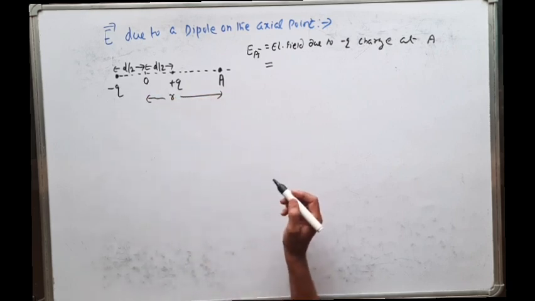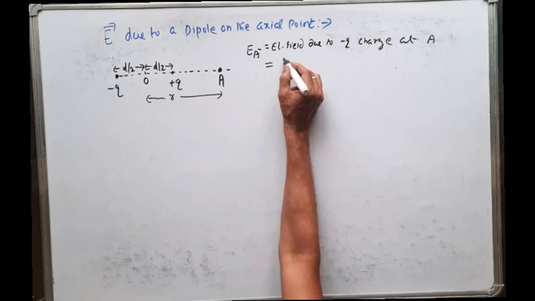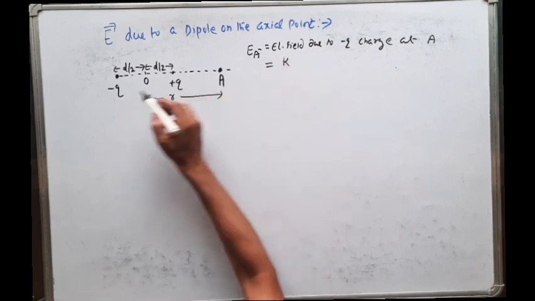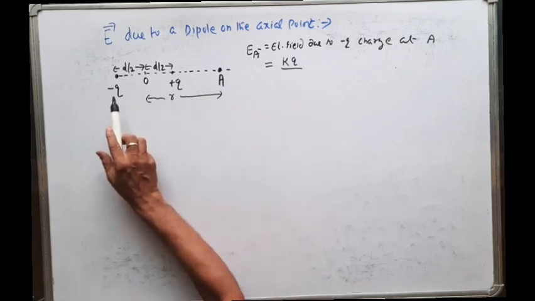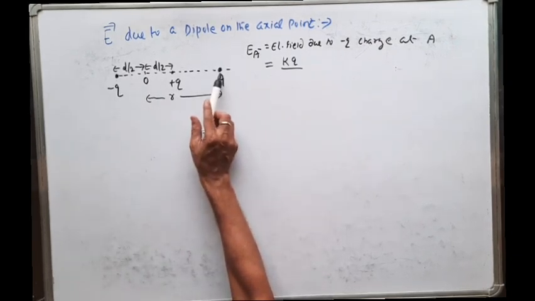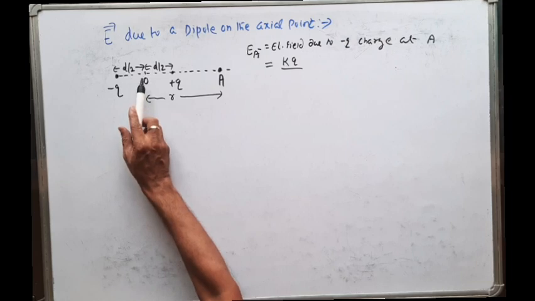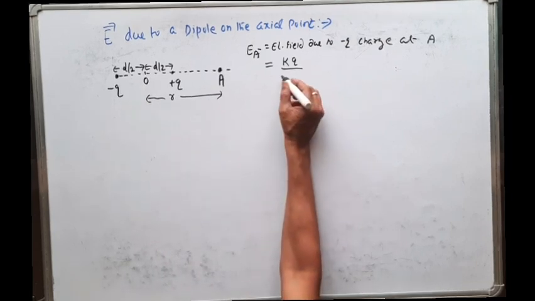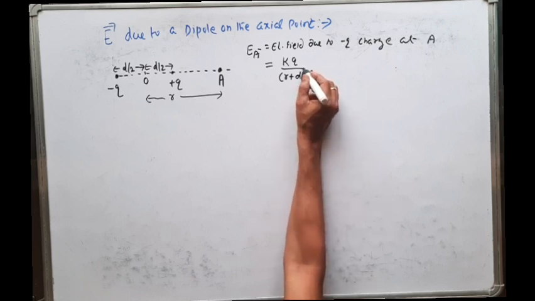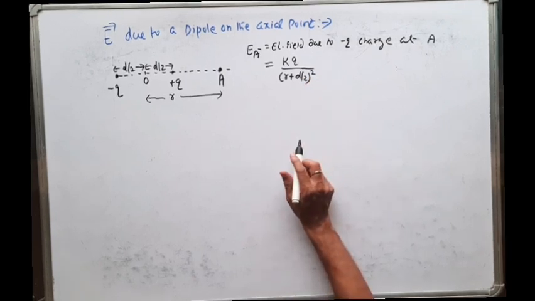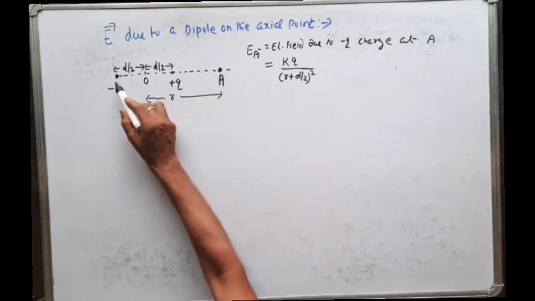You know the electric field intensity formula is K times charge Q, divided by the distance between the charge and point A. Here it is d by 2, here it is r, so the total distance is r plus d by 2, whole square. So this is the electric field intensity at A due to minus q charge.